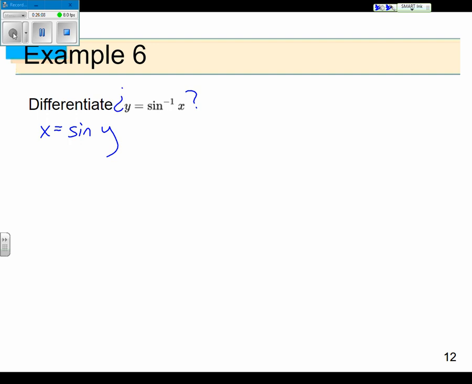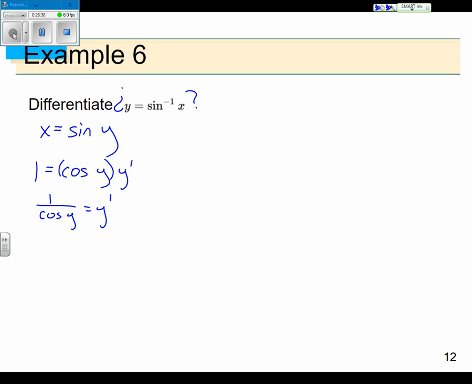But I know how to differentiate x equals sine of y, because with respect to x, if I differentiate the x, that gives me 1. If I differentiate the sine of y, that's going to be cosine of y. But I've also got to multiply that by y prime. Okay, so I'm going to end up with 1 over cosine y is equal to y prime.